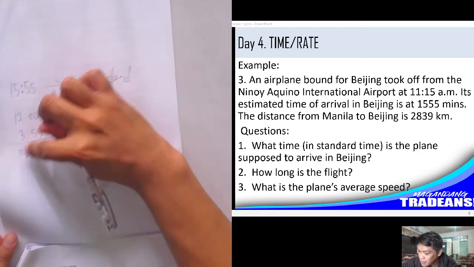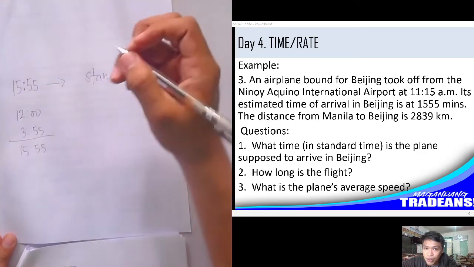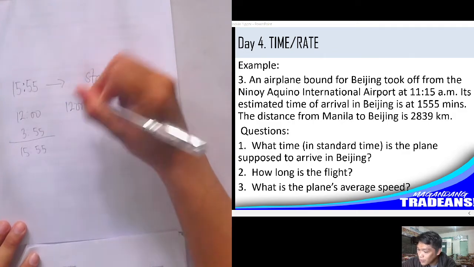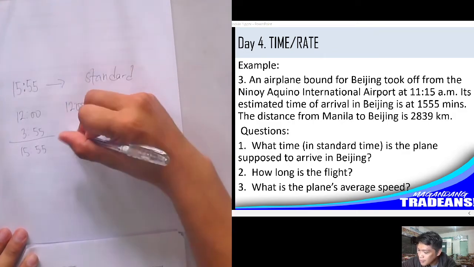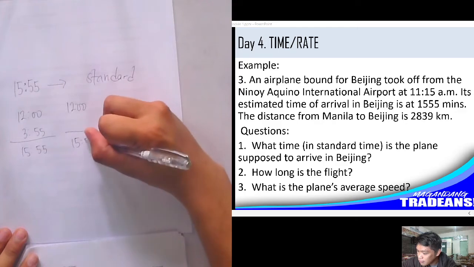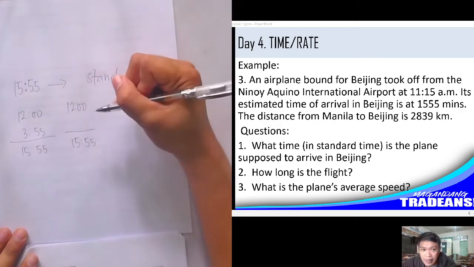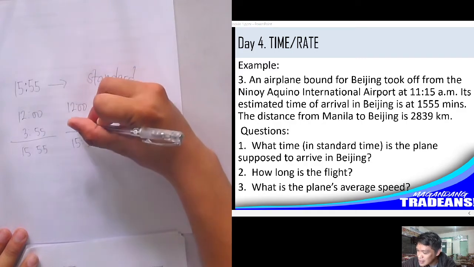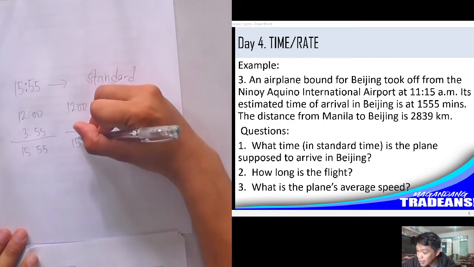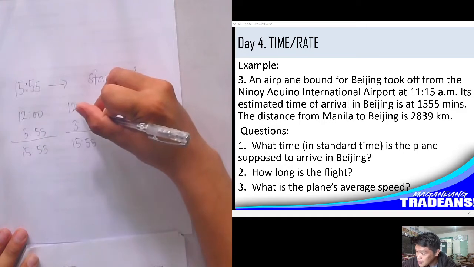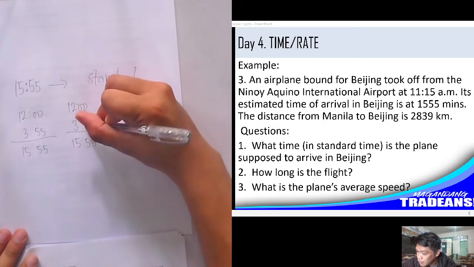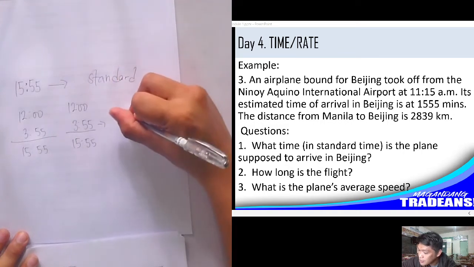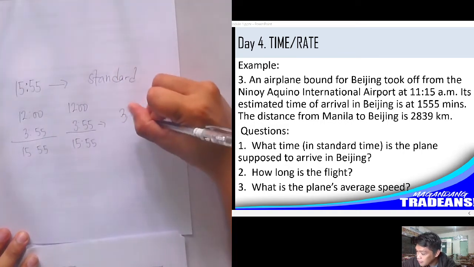Kasi po, 12 plus 3 magiging 15. Ulitin ko, meron tayong 12 hours. Tapos, ang sagot dapat is 15 and 55. Ilan po ang idadagdag natin para makuha si 15 and 55? So, 12 plus something, magiging 15 siya. So, that is 3. Tapos, 0 plus something, magiging 55 siya. So, that is 55. So, 3:55 po ang sagot. So therefore, the answer is 3:55.